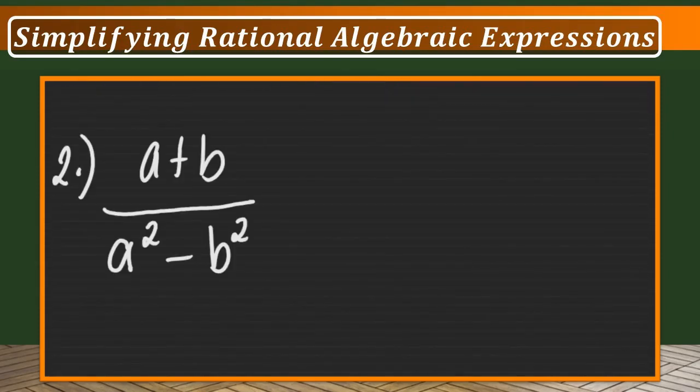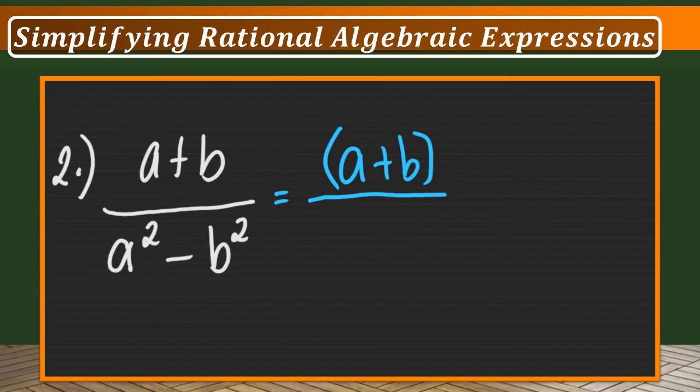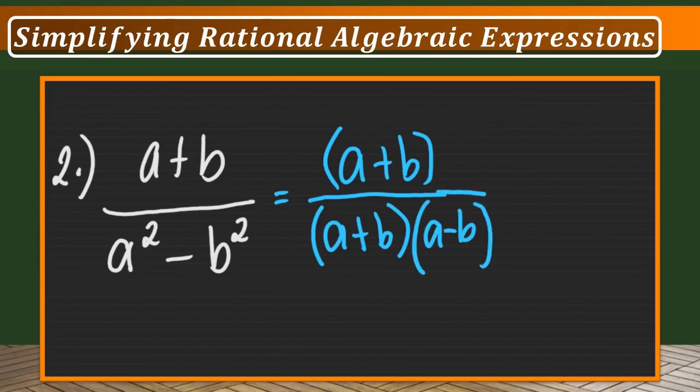Next, let's have a plus b over a squared minus b squared. So let's factor first. a plus b cannot be factored anymore, so we can simply copy a plus b. And a squared minus b squared is a difference of 2 squares. So the factored form is a plus b times a minus b.